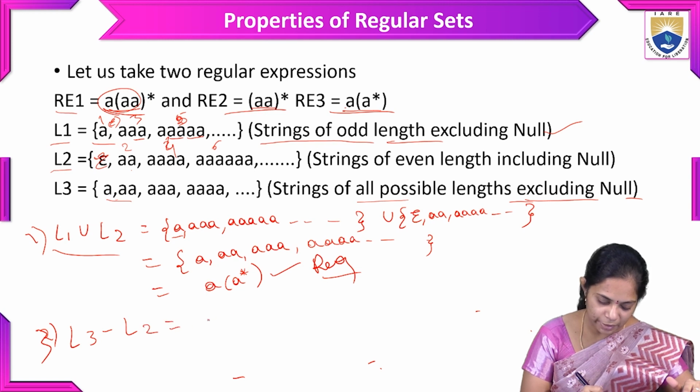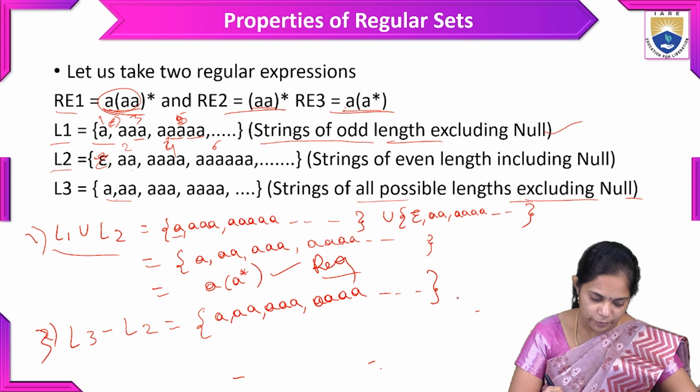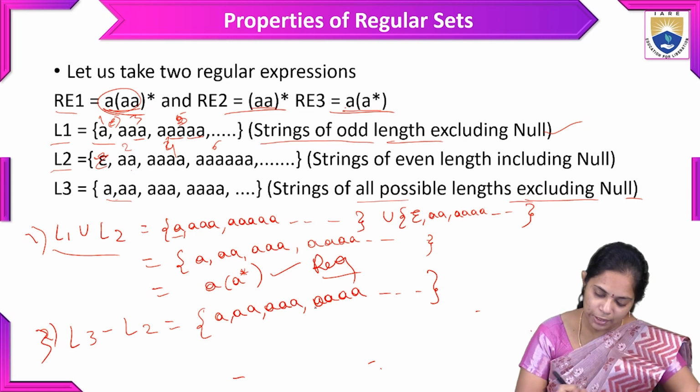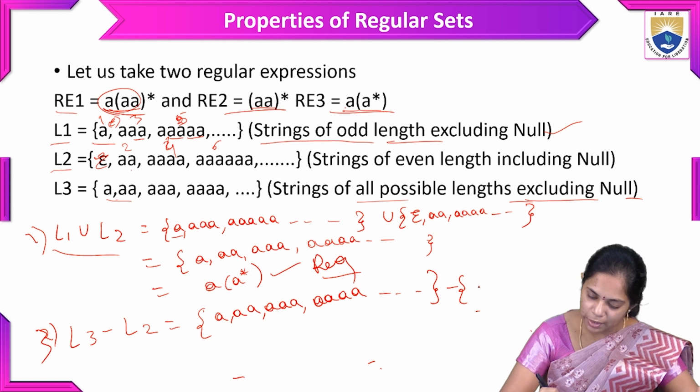What is the L3 language? All the possible strings involved with this L3 language, and minus what we have to take: epsilon, AA, 4 A's and so on.